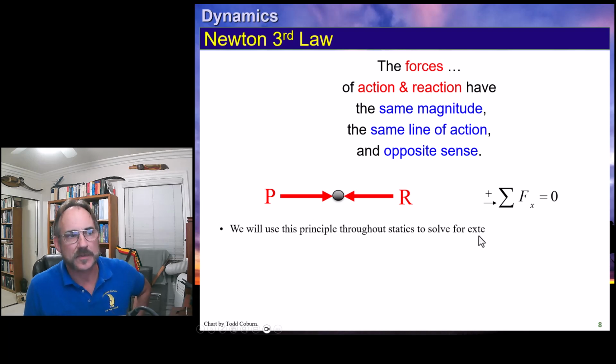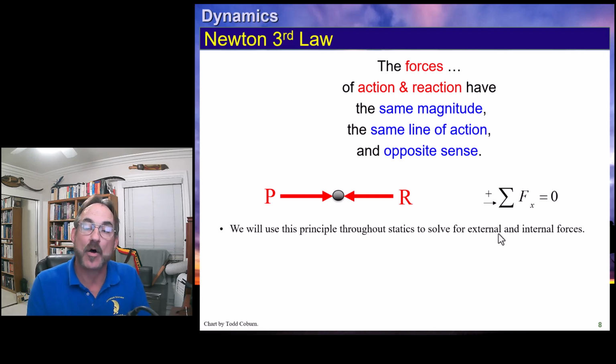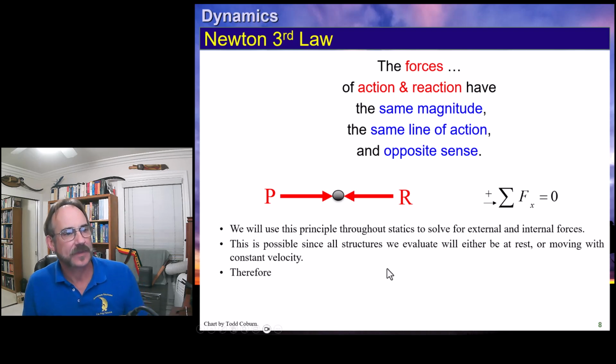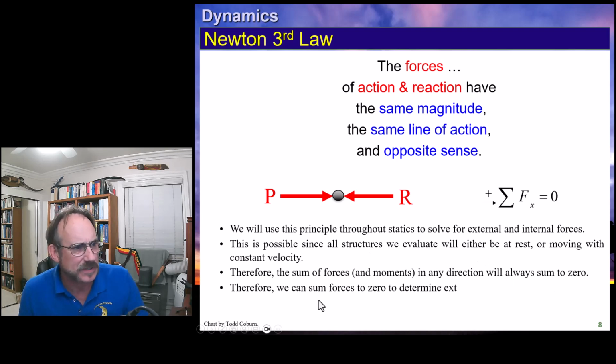We're going to use this principle. This is called imposing equilibrium. We'll be drawing what are called free body diagrams like we did in statics, where we apply all forces to a structure to evaluate what happens to it. Okay? We're going to talk about this. Sum of forces will always sum to zero.